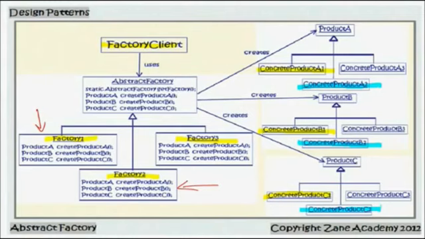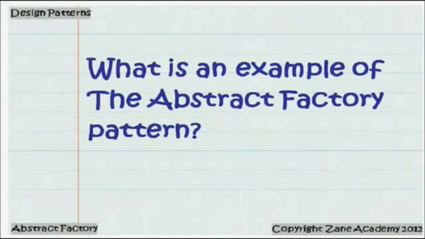Okay? So the best way to explain this pattern is to go through an example. An example where the abstract factory pattern is applicable is suppose you are creating an application with a user interface look and feel that can vary between different look and feels.